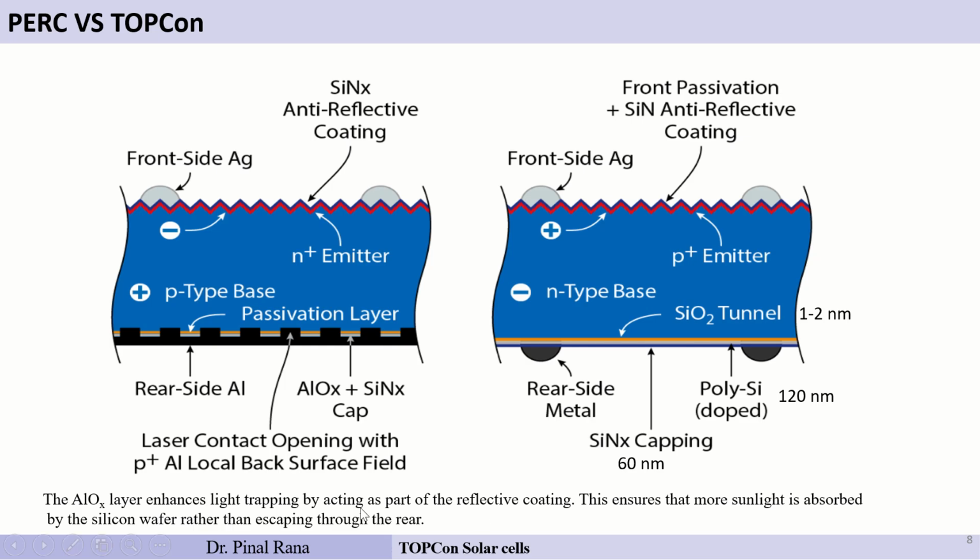Basically, it is to reflect the solar light from the rear surface. When the solar light is coming, it passes through to the rear side. Therefore, to reflect the solar light from the rear surface and produce more free electrons, we are using this aluminum oxide and silicon nitride capping layer.